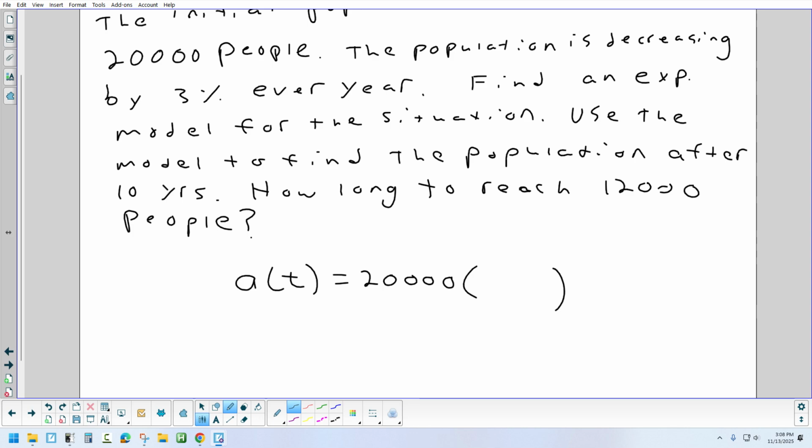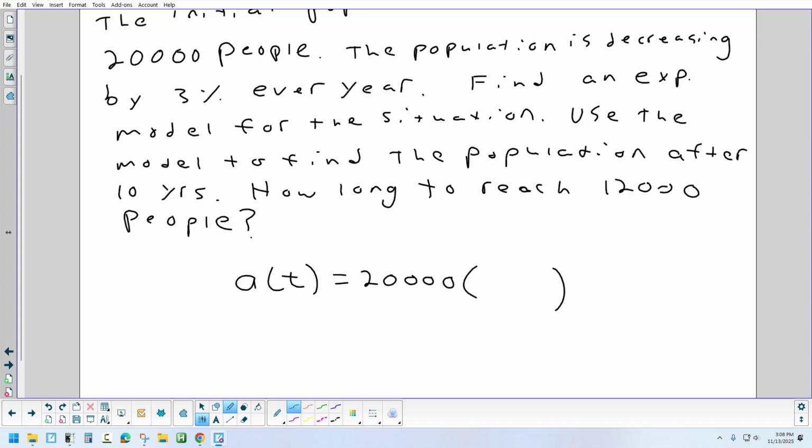We just got to be careful. Remember, r has to be a decimal, not a percent. They'll give it to you as a percent, but you have to change it. So what is 3% as a decimal? 0.03. And now we have to fill in what Layla just said there, 1 minus r.